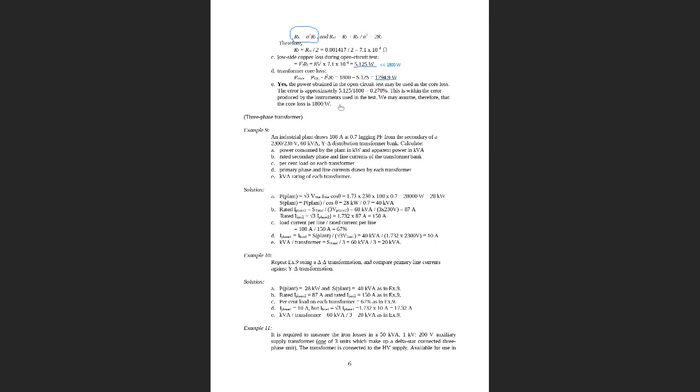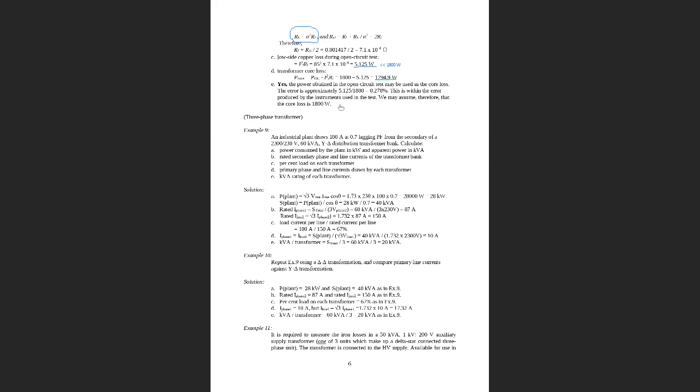So today's example 6, example 7 and example 8 demonstrate how to analyze the transformer based on the open circuit tests and short circuit tests. The analysis includes how to estimate the internal impedance referred to both primary and secondary, how to use the test values to estimate the transformer's voltage regulation, and how to estimate the transformer's internal copper losses and core losses.